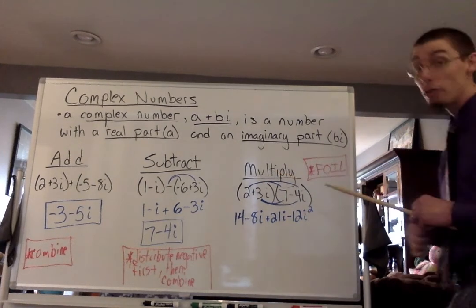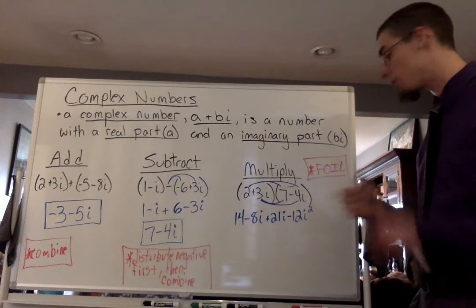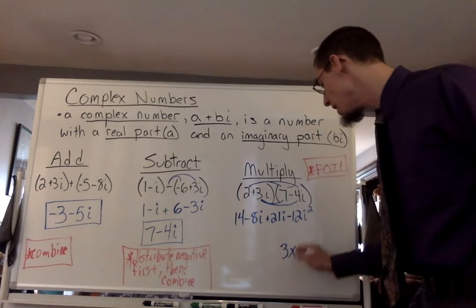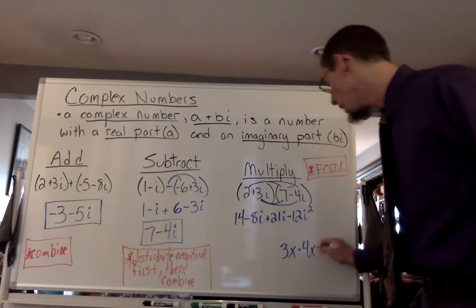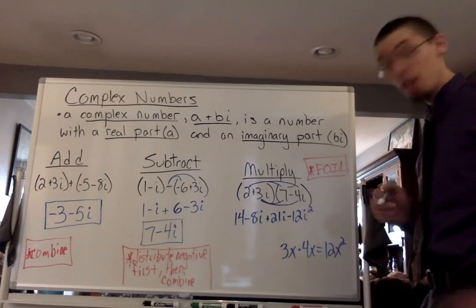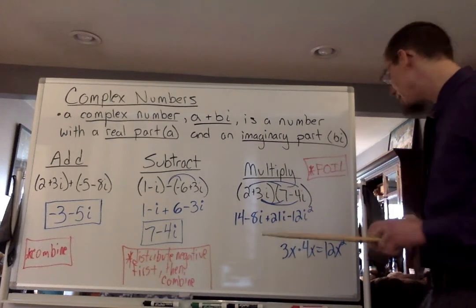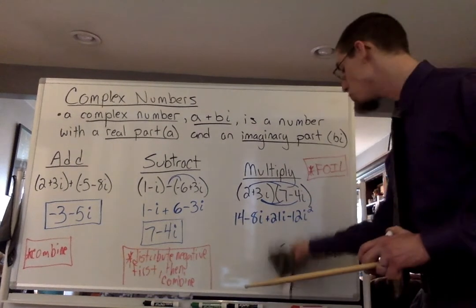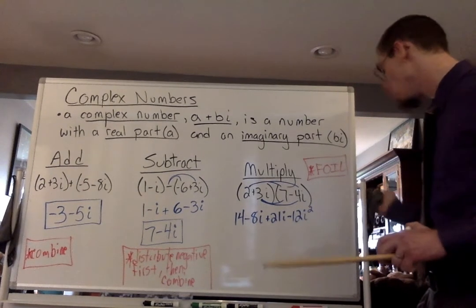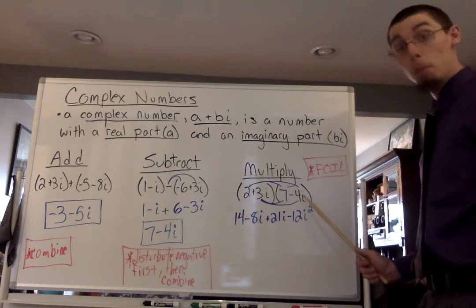You got to be very careful about that. If you're multiplying two i numbers together, you get i squared. Just like 3x times 4x would be 12x squared, right? When you're performing operations, you basically treat i like any other variable. It's all the same rules for combining like terms, and all the same rules when you multiply.